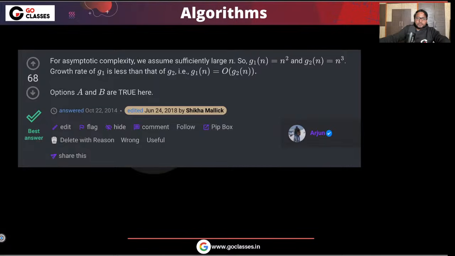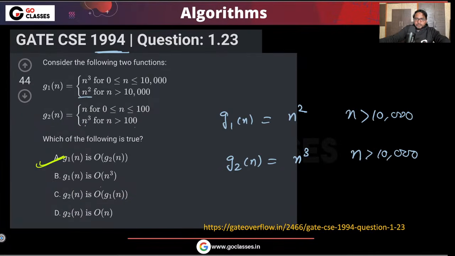Sorry, there's A and B. G1n, yeah, sorry, this is order of n cube. So G1n is order of n cube, yes. Because G2 is in fact theta of n cube, right? So you can say G2 is theta of n cube, and G1 is definitely n square, so order of n cube also. Okay. G2n is not this order. G2n is big O of n. No, G2n is in fact n cube.